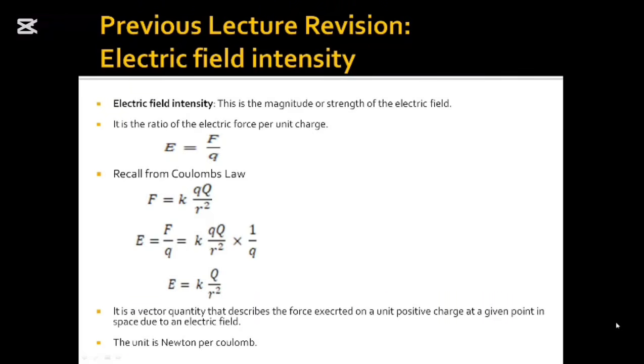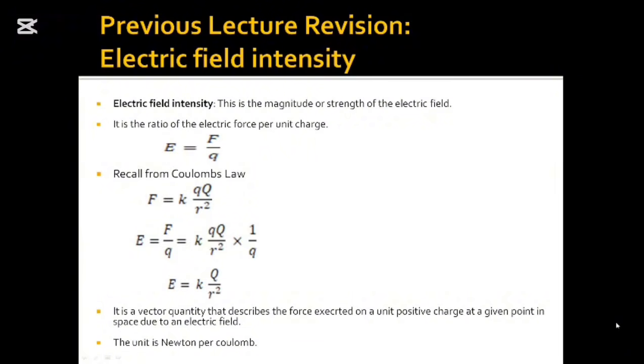That is k, small letter q, capital letter Q, all over r squared. That's the force. Now, divided by q, that's what brought in times 1 over q. So q divided by q, two of them will leave the system. So we have E equal to k, capital letter Q, all over r squared. And this is the formula for electric field intensity.